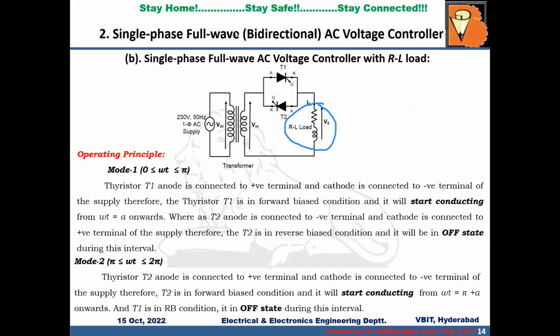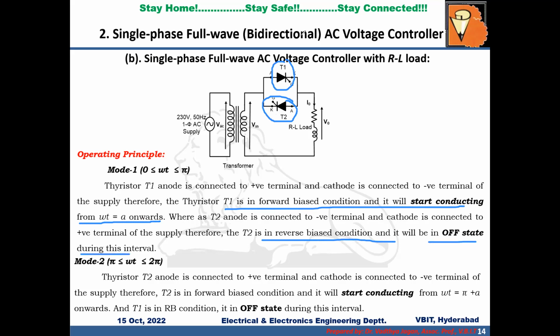As I said in the last slide, during the positive half cycle T1 will be in forward bias condition and will start conducting from omega t equal to alpha onwards, whereas T2 will be in reverse bias condition and goes to the off state automatically. During the negative half cycle the reverse happens, so T1 will be in reverse bias condition and goes to the off state.